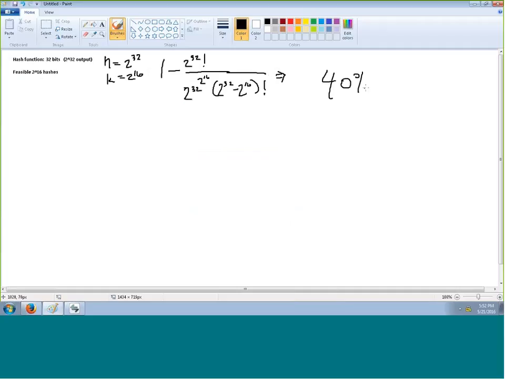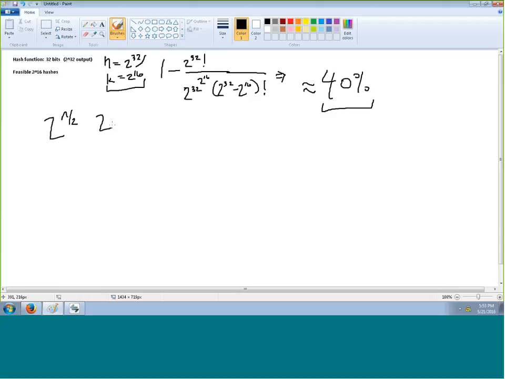We had about 5%. If you look in a lot of texts, you see the number 2 to the n over 2 thrown around. And if you look, that's pretty much true. See, our n is 2 to the 32nd, so n over 2 is 2 to the 16th, right? And we see that we're just about likely to generate a strong collision with 2 to the n over 2.